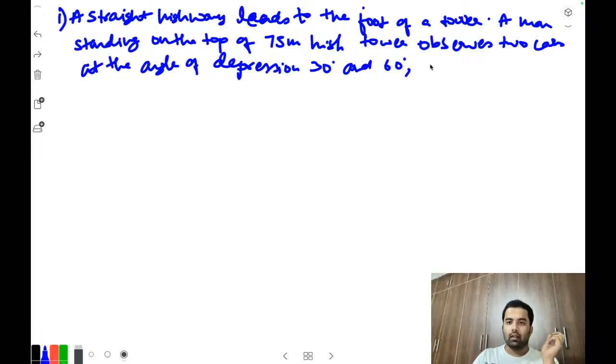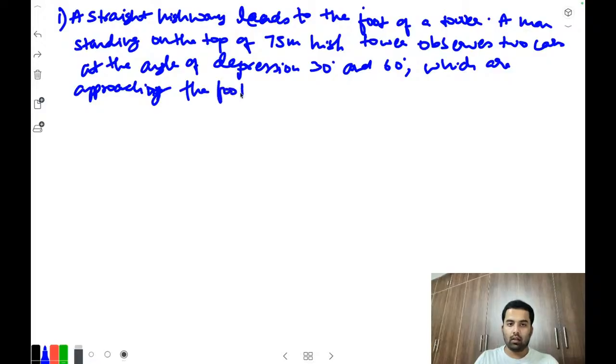Okay. 2 more lines are there, which are approaching the foot of the tower.